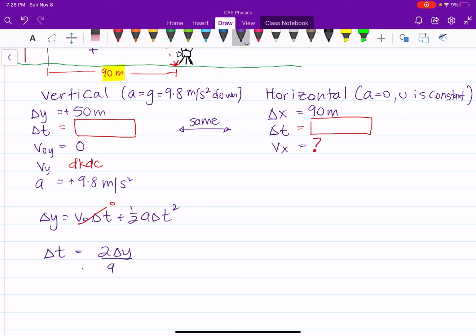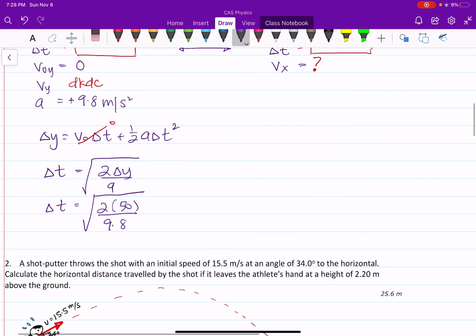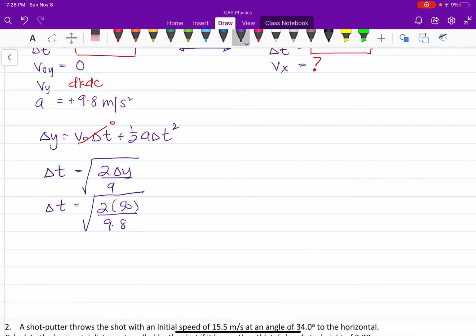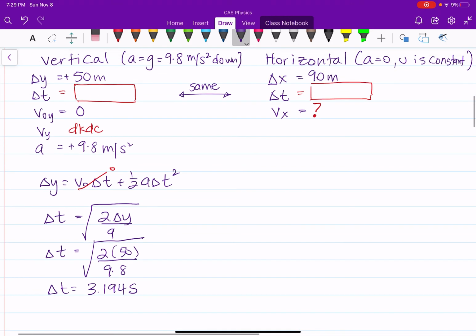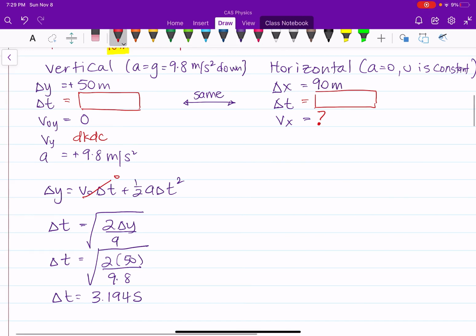So plugging in the numbers now, I get 2 times 50 divided by 9.8, and this works out to about delta t equals 3.194 seconds.